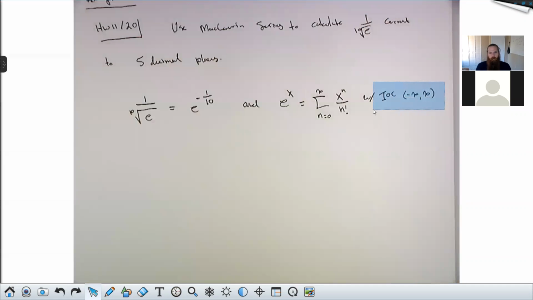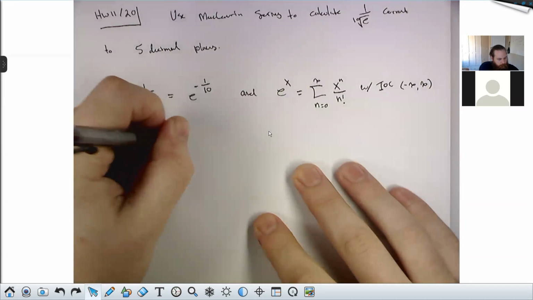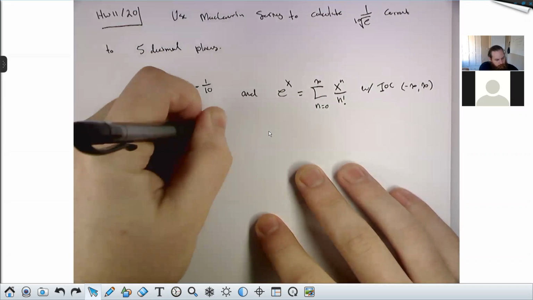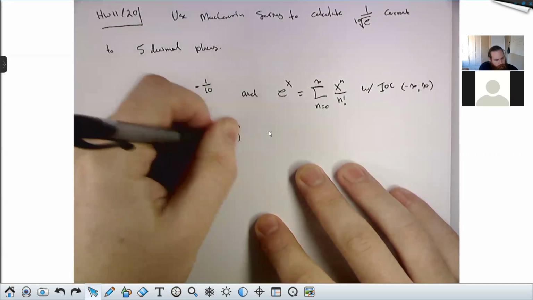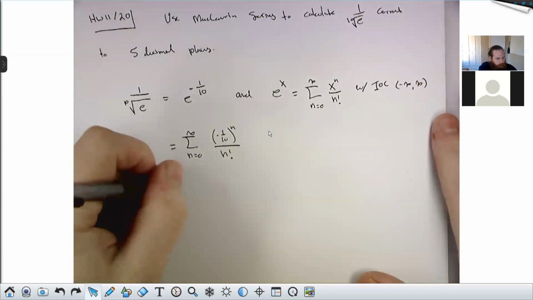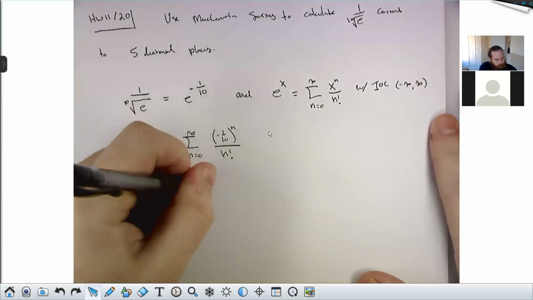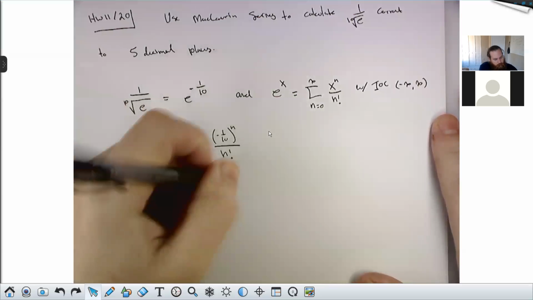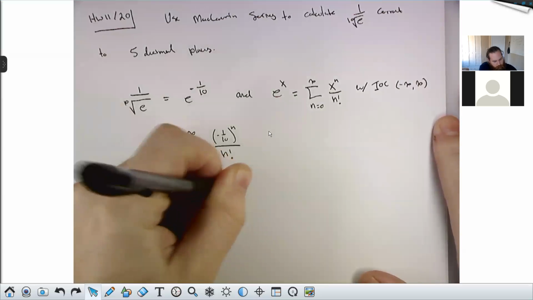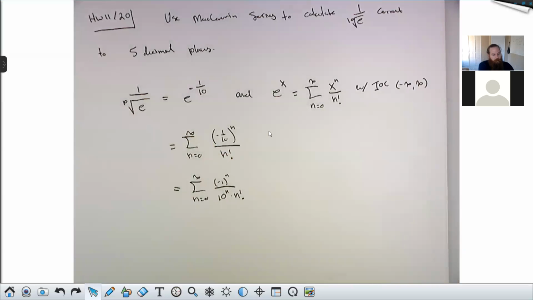So we can plug any number from the interval of convergence into this series, and it will converge to e to that number. Specifically, e to the negative 1/10 is going to be the sum from 0 to infinity, negative 1/10 to the n over n factorial. And this can be cleaned up quite a bit algebraically as negative 1 to the n over 10 to the n times n factorial, which is an alternating series.